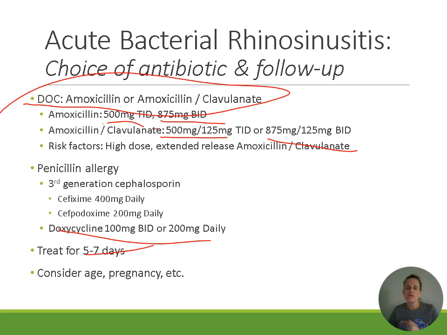The respiratory fluoroquinolones, remember, include levofloxacin and moxifloxacin, right? Ciprofloxacin is not a respiratory fluoroquinolone, but the respiratory fluoroquinolones should only be used if these agents are not tolerated. Okay, so your first go-to should not be a respiratory fluoroquinolone.